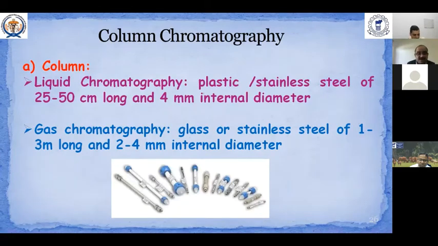In liquid chromatography, the columns used are generally of plastic or stainless steel, with a length of 25 to 50 centimeters and an internal diameter of 4 mm. Whereas in gas chromatography, mostly glass or stainless steel columns are used, with a length of 1 to 3 meters and an internal diameter of 2 to 4 mm.